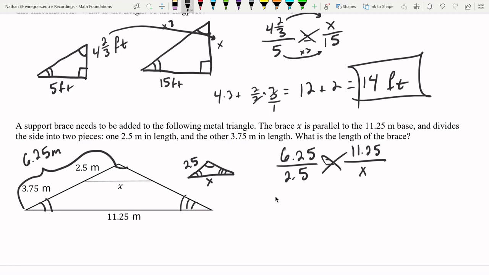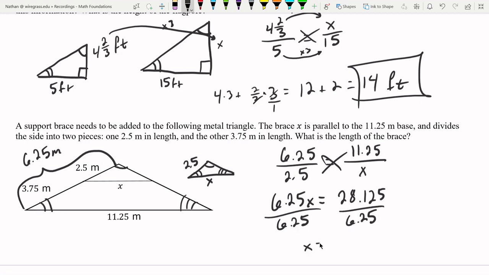Cross multiply and divide: 6.25x equals 11.25 times 2.5, which is 28.125. Now I just need to divide by 6.25. And x equals, I'm getting 4.5, and the unit of measure here is meters.